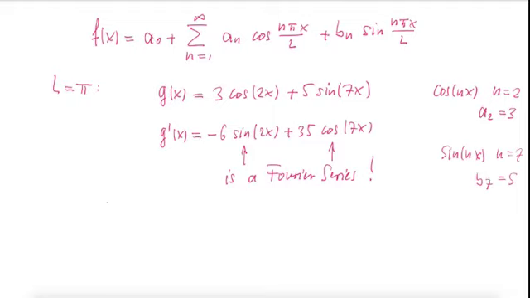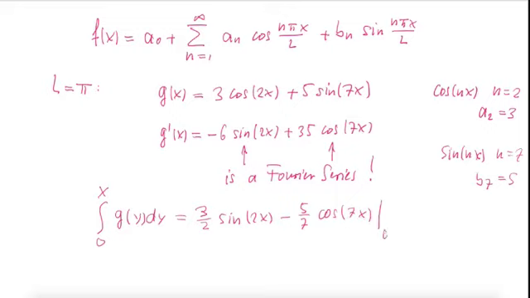Right, what we also can do, we can integrate, let's say, from 0 to x, the function g. Let's call this integration variable now y. So then integrating cosine gives us sine, inner derivative is a 2. And then integrating sine is minus cosine, so then we have 5/7, inner derivative is 7, cosine of 7x, evaluated between 0 and x.